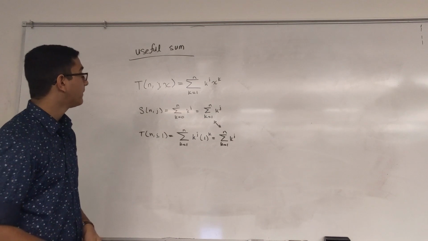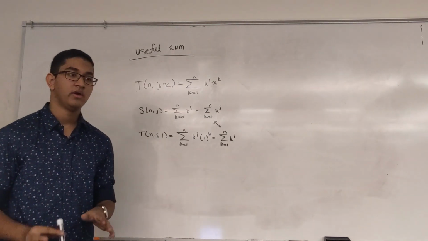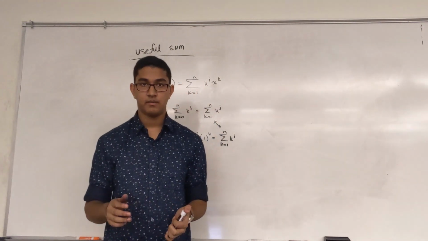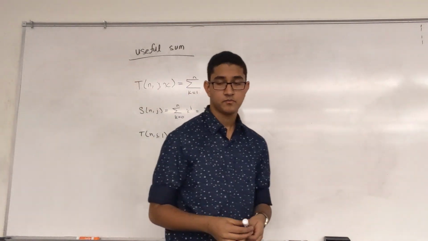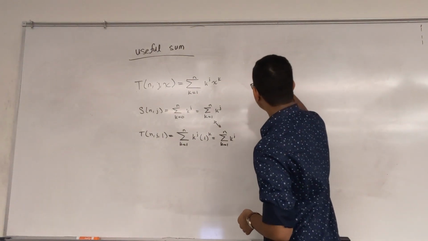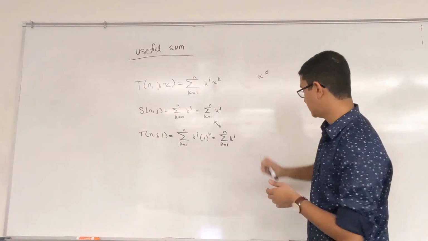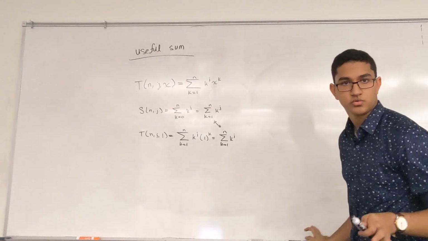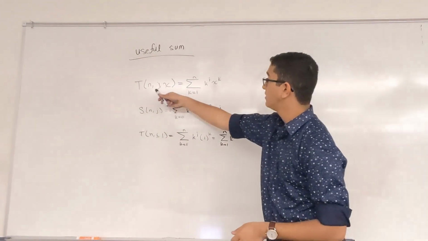Okay? So with that, I also want to take the derivative of T of n comma j comma x. And we're going to multiply the derivative by x. So that's kind of confusing as to why, but we'll see why that makes sense in just a second. Actually, I will remove that for a second. So we're just going to take the derivative simply of this right there.